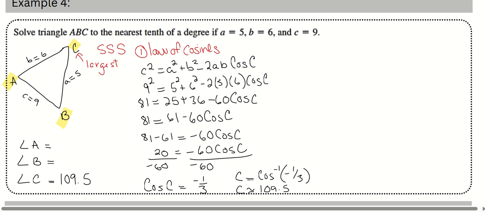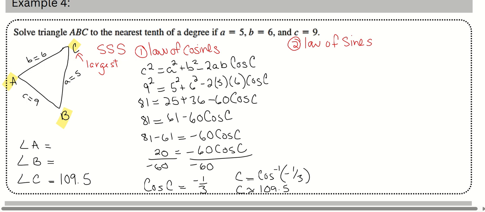And then we want to use that to find the next angle. In this case, it really doesn't matter which one you find next. You're just going to use the ratio for C, so law of sines now, because you actually have a ratio.